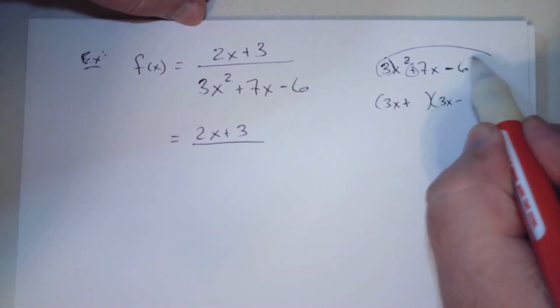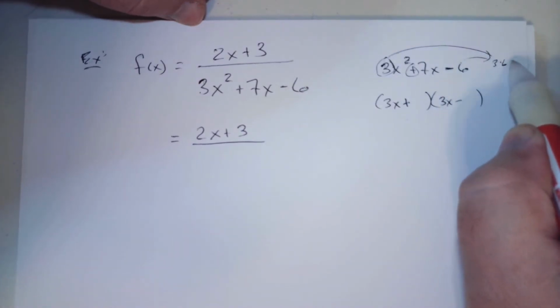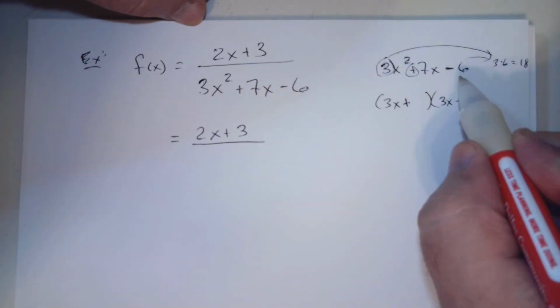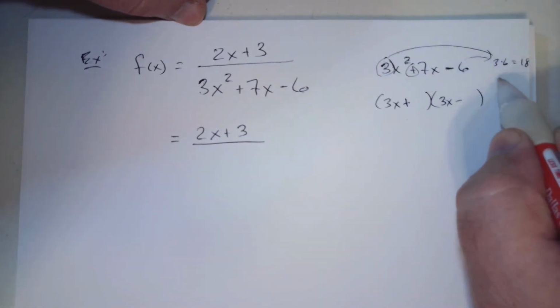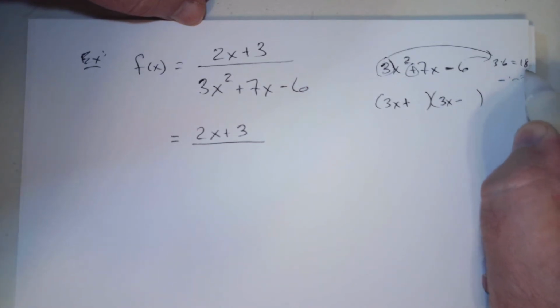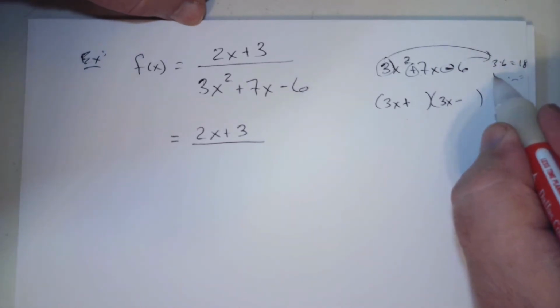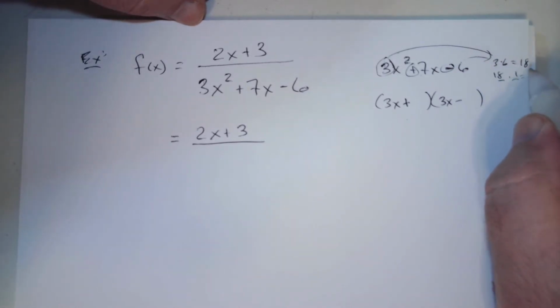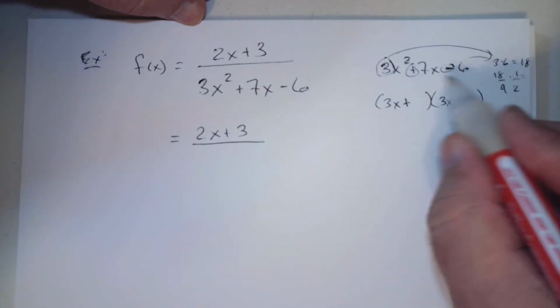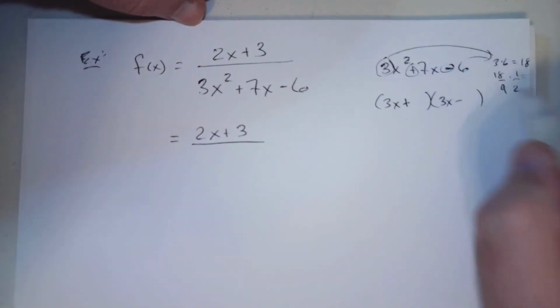Take the first and the last term, so 3 times 6 is 18. What times what is 18, where when you subtract them, you get 7? We have 18 times 1 is 18, 9 times 2 is 18, and 9 minus 2 is 7. There we go.